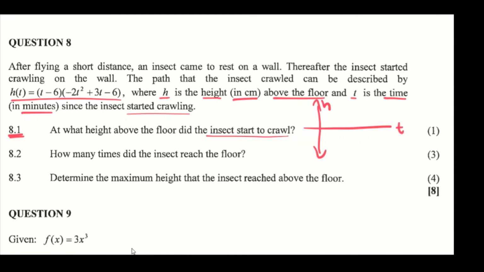It started crawling at a certain height, but you don't know that height. We know that t is equal to 0 at that specific height, because if you look at this equation, it is actually cubic, so it can be in cubic form like this.